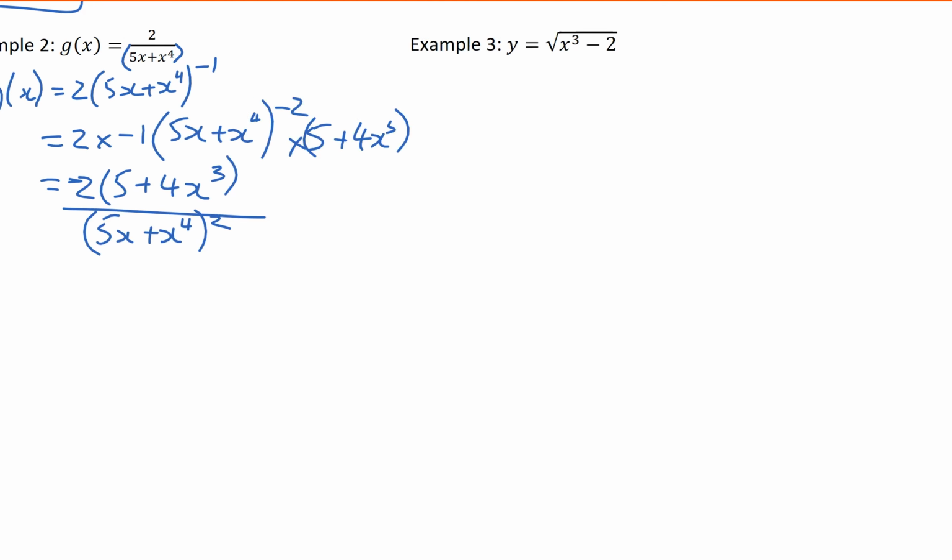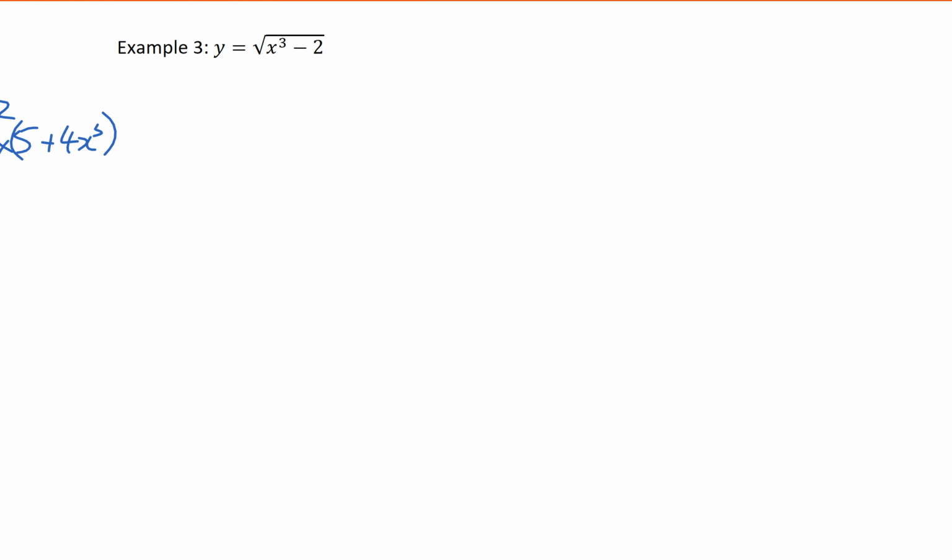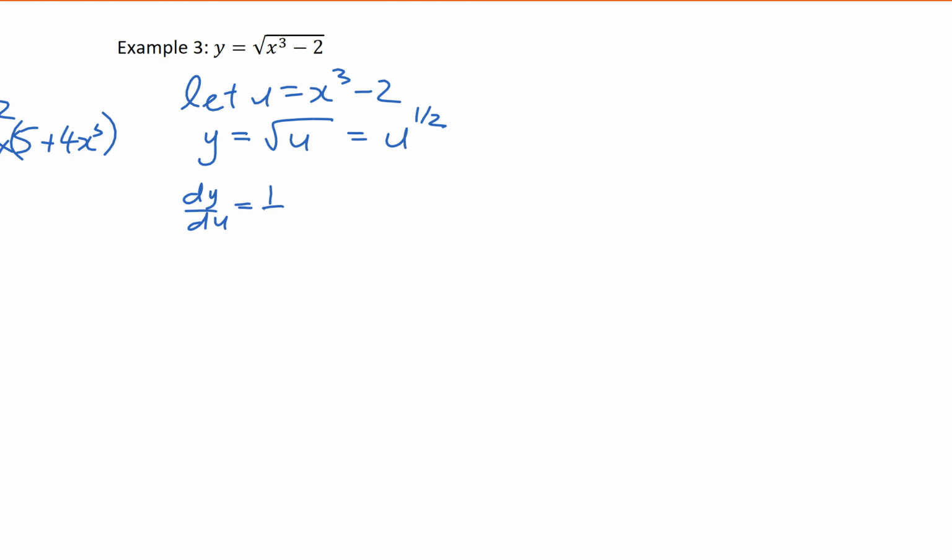I'll do the last one. Let u equal that. Are you happy? So y therefore is the square root of u, which is u to the power of a half. Now we've got dy by du equals a half u to the negative a half. Happy?